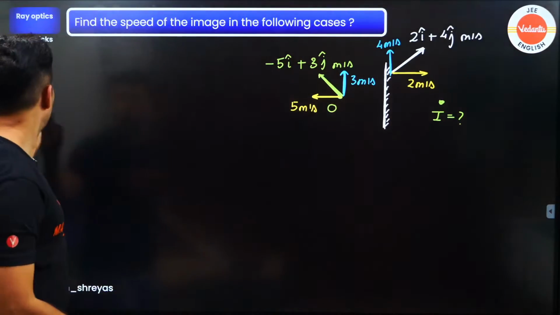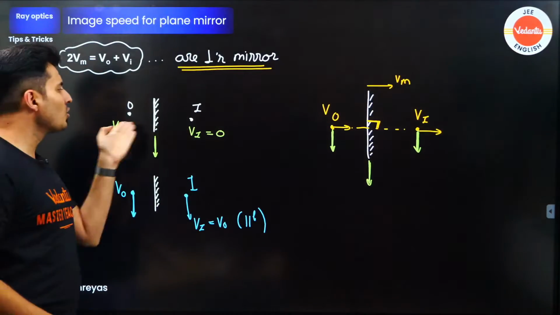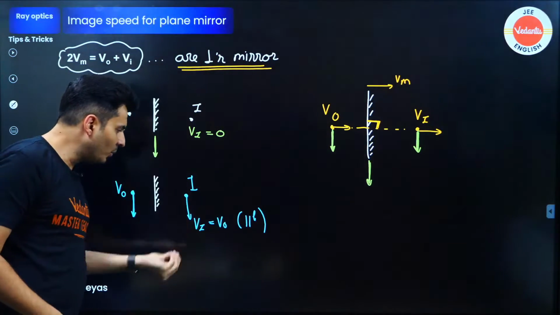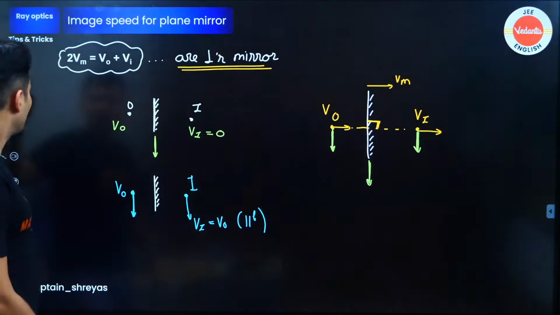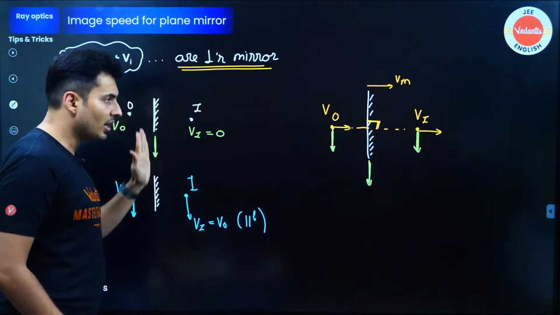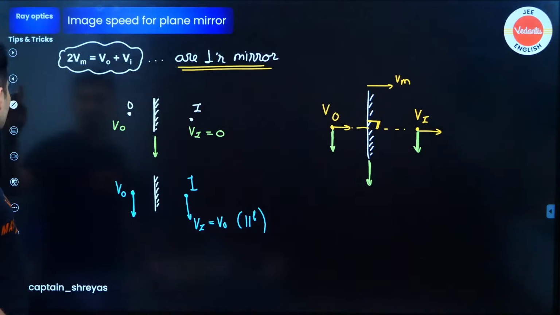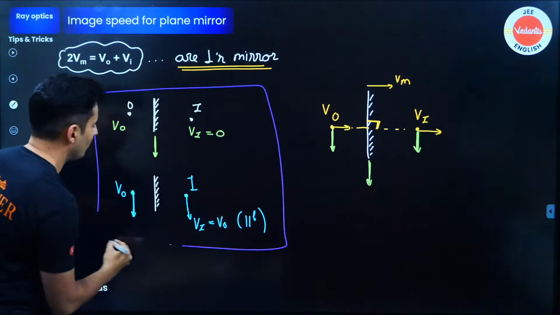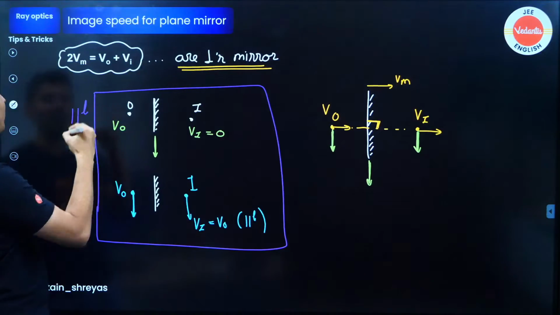I just told you, when the mirror moves parallel to itself, it's useless. Mirror moving in the parallel direction is useless. Only the object moving causes some displacement. That is what I had mentioned for the parallel.